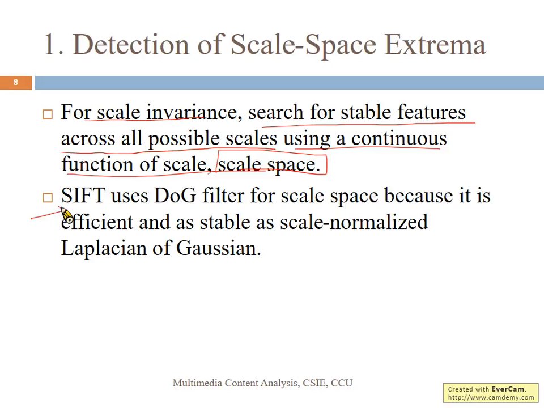In this paper, the author used the DOG filter, difference of Gaussian filter, for the scale space because it is efficient and as stable as the scale normalized Laplacian of Gaussian. The Laplacian of Gaussian is another method to detect the extrema in scale space, but it is more computationally expensive. In this paper, they use difference of Gaussian to detect the extrema more efficiently.